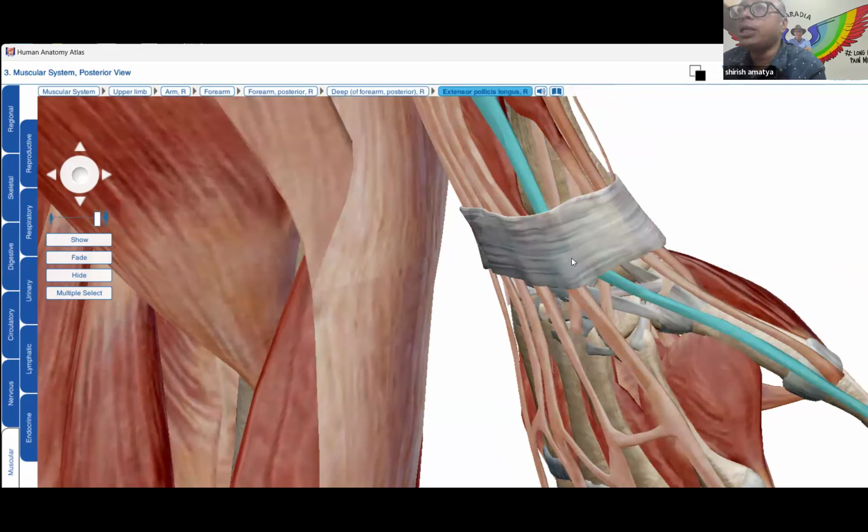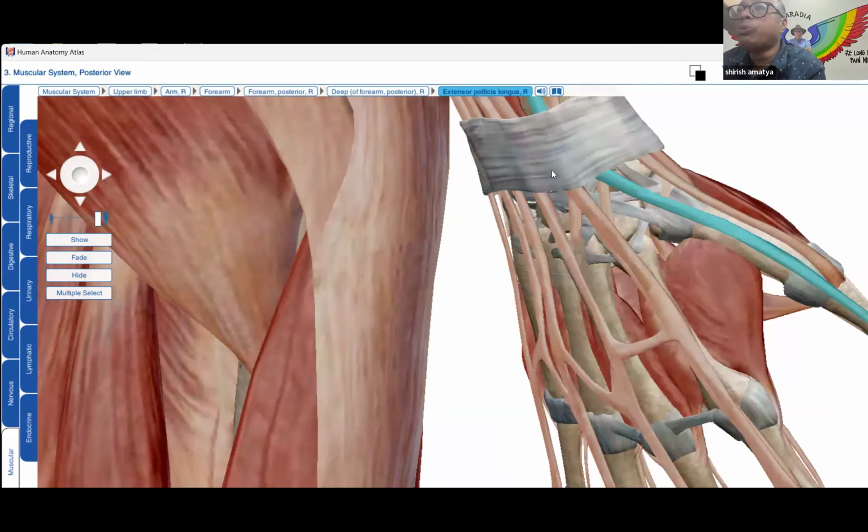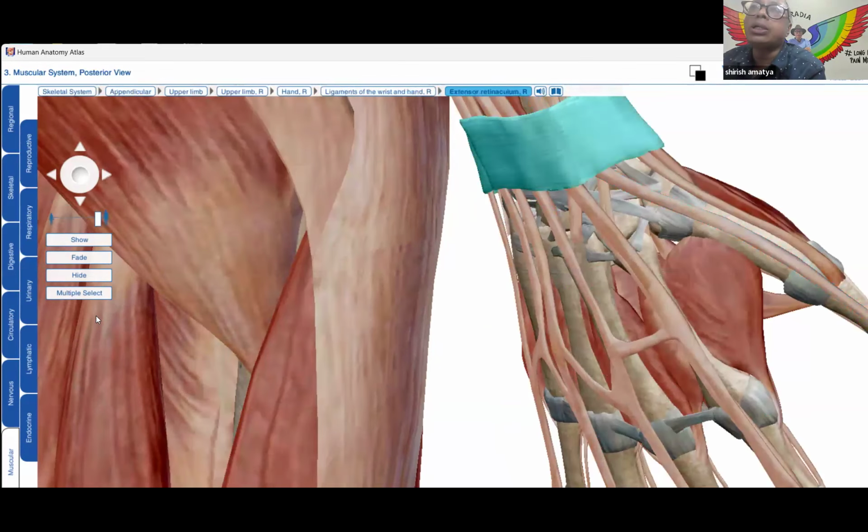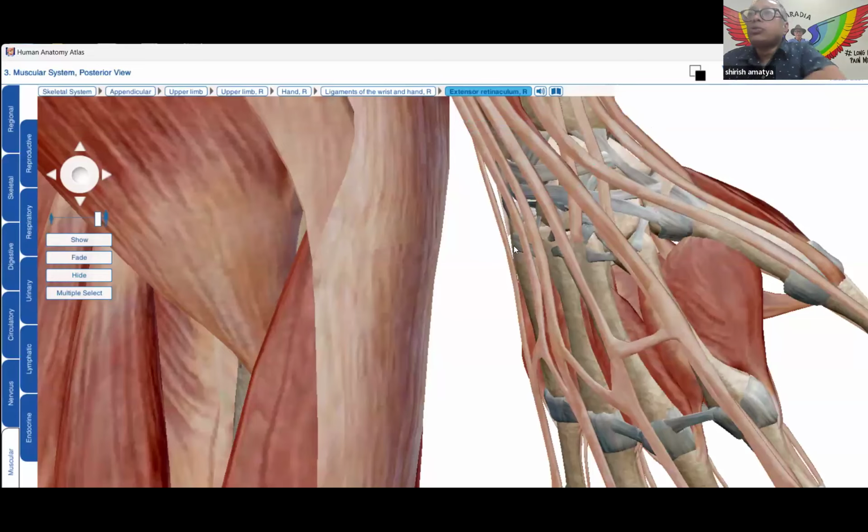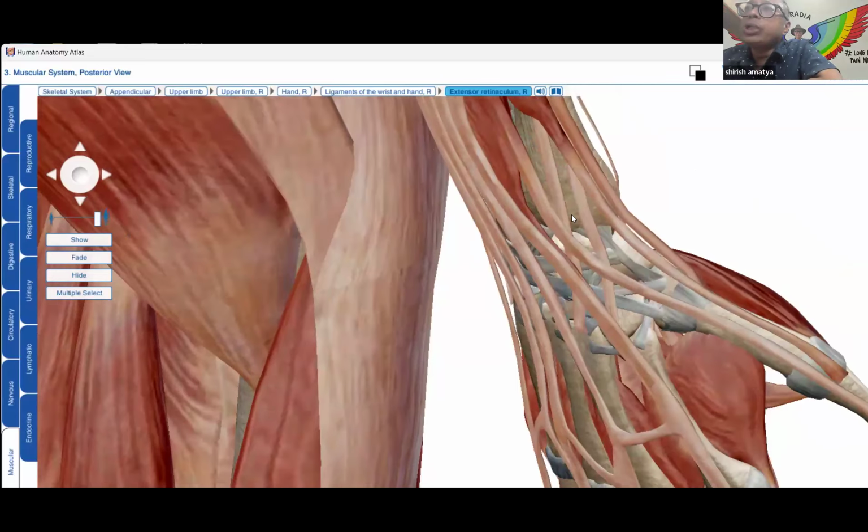There is one small tubercle here, so I'll remove this. Let's hide this. Okay, here you can see there is one tubercle, known as Lister's tubercle, which is very nicely seen in ultrasound. This Lister's tubercle is at the distal, radial end of the radius.